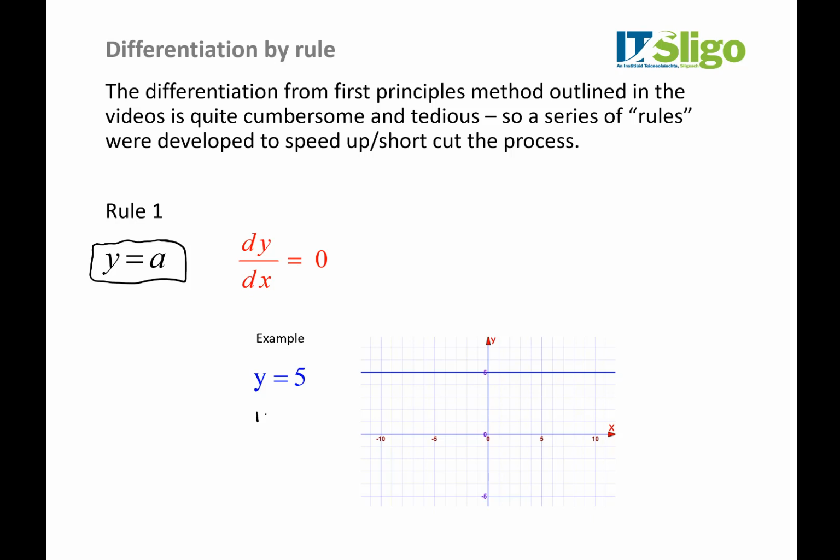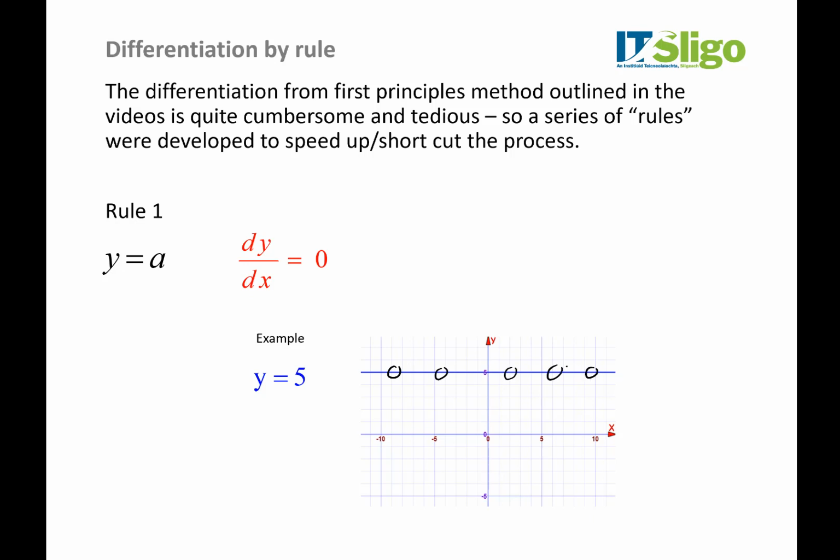Similarly, y is equal to 3 would pass through there. y is equal to minus 2 would pass horizontally through there. But the thing with these, I hope you'll see, is that regardless of where you are on that line, the slope is 0.